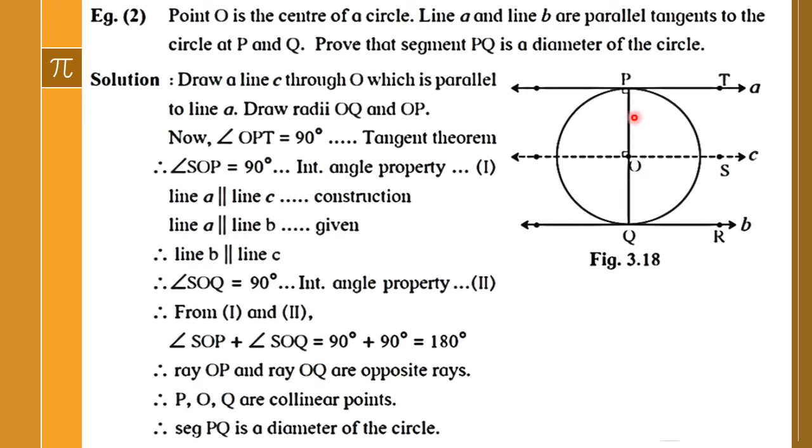That means P, O, Q lie on a straight line, and hence they are collinear points. P is on one end of the circle, Q is on the other end of the circle, and if you join PQ, it passes through the center. That means PQ is the diameter of the circle.